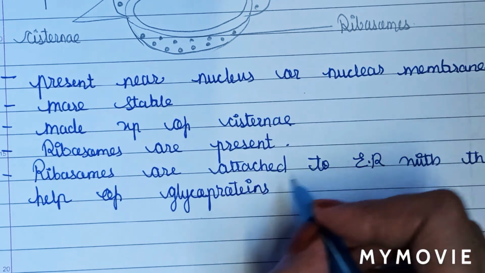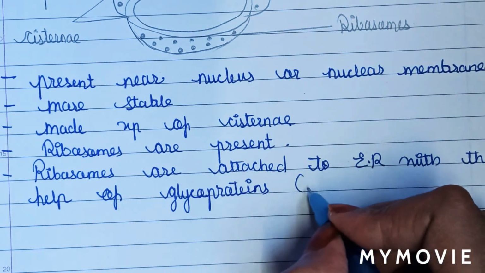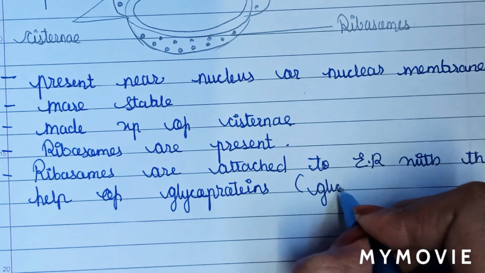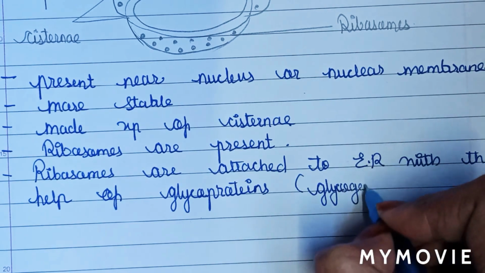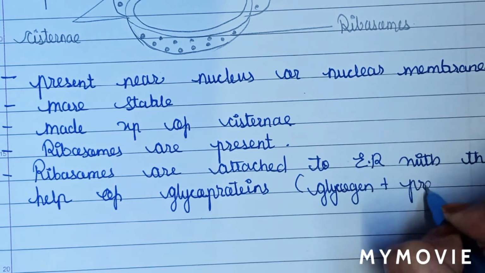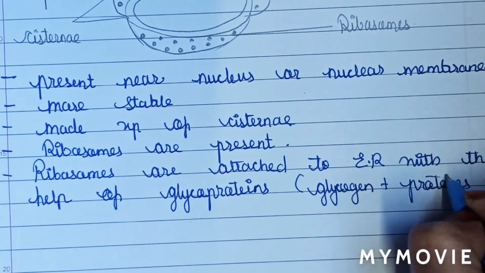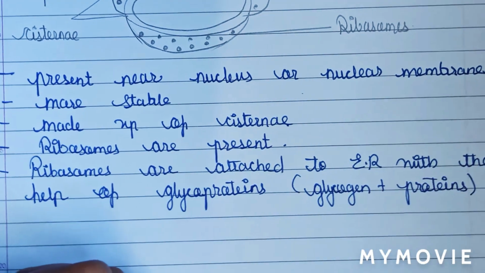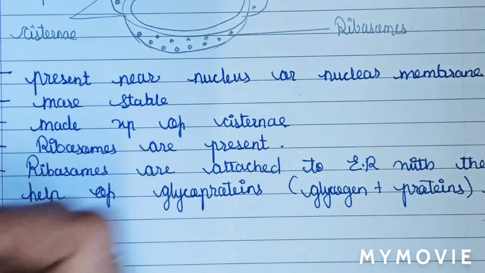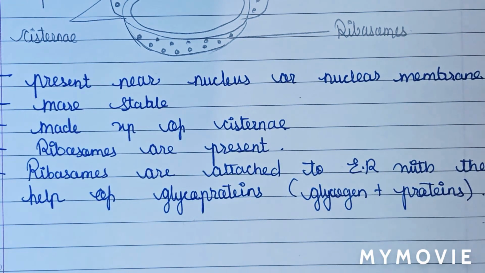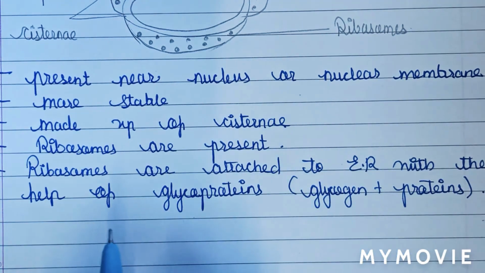Glycoprotein means glycogen plus protein. Now, these glycoproteins are of two types, ribophorin 1 and ribophorin 2. That is not necessary.